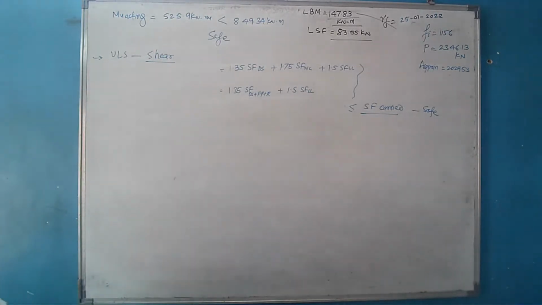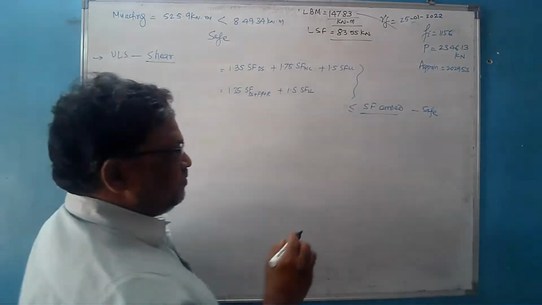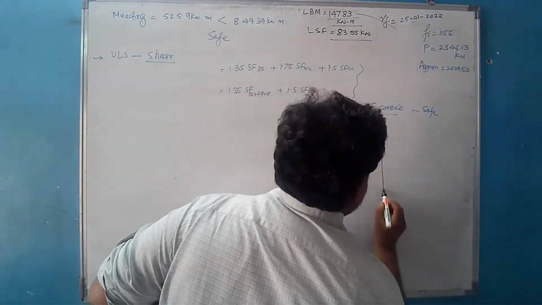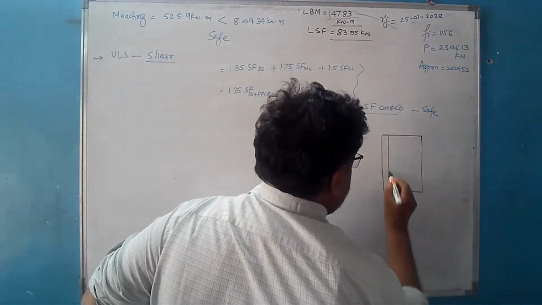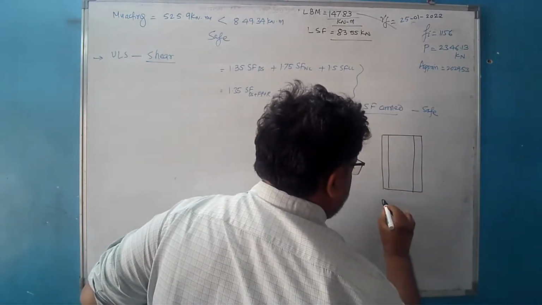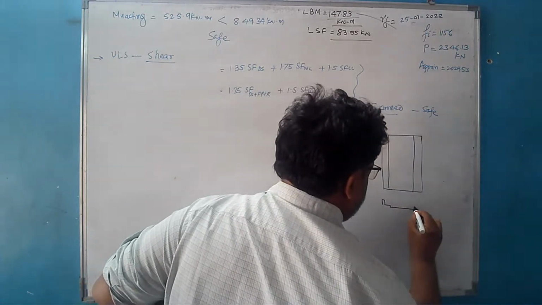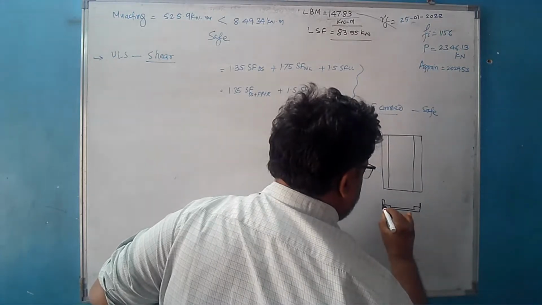Then we had assumed the strip from the footpath. Say if this is the bridge, the footpath, this is the cross section.